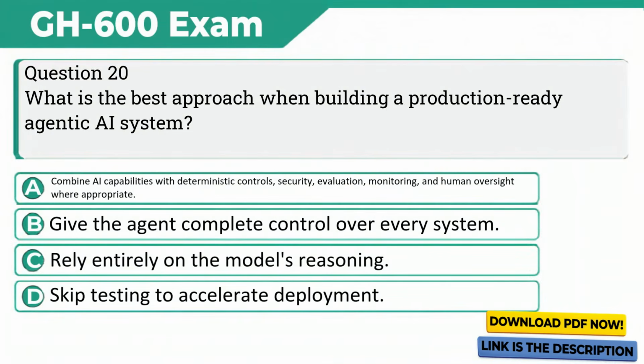Question 20. What is the best approach when building a production-ready agentic AI system? A. Combine AI capabilities with deterministic controls, security, evaluation, monitoring, and human oversight where appropriate. B. Give the agent complete control over every system. C. Rely entirely on the model's reasoning. D. Skip testing to accelerate deployment.